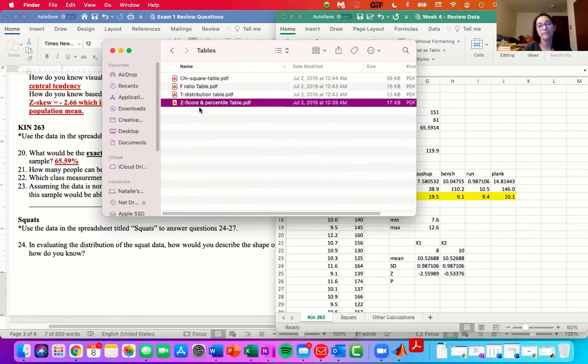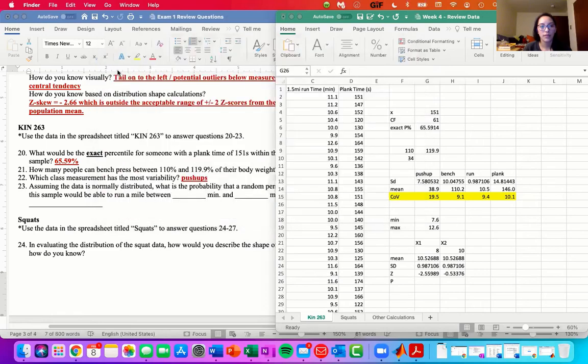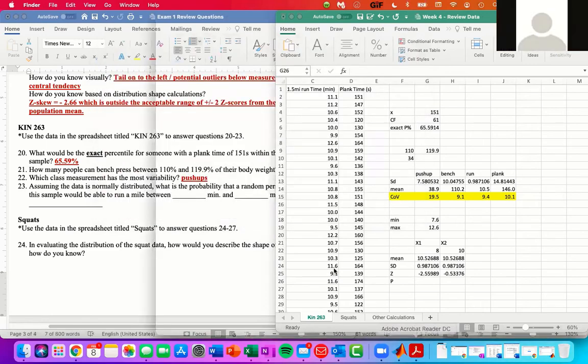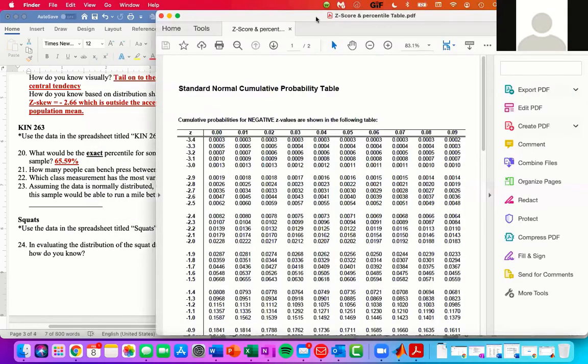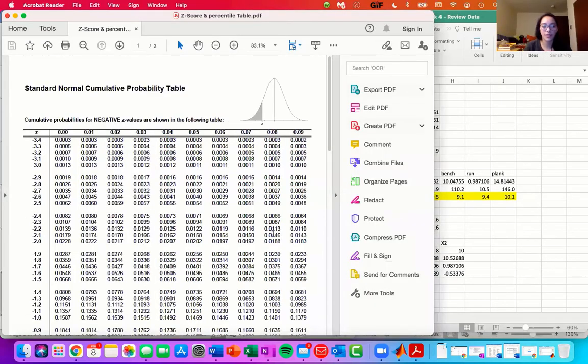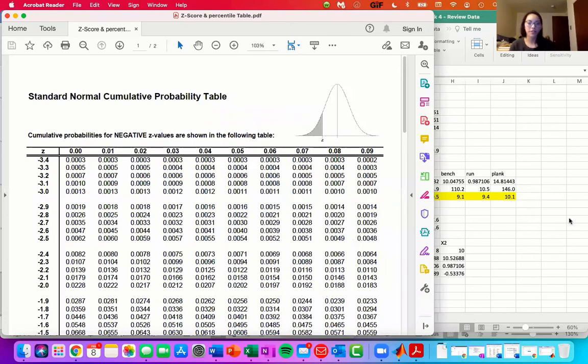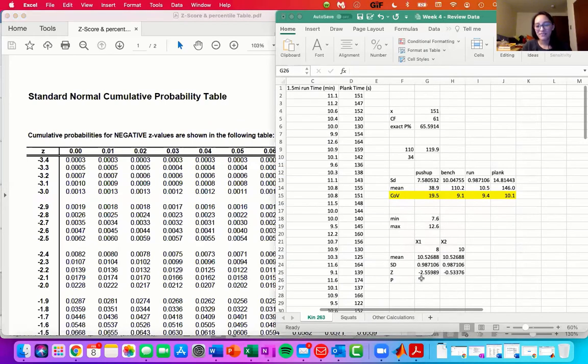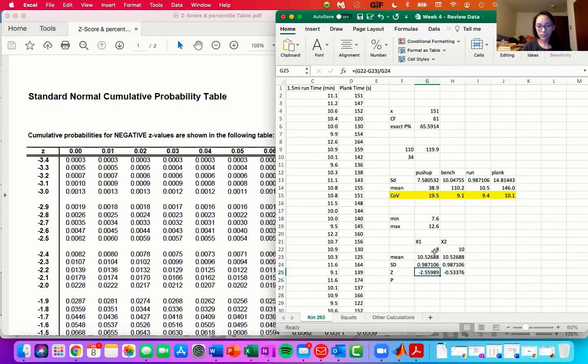You guys will have everything you need. And if you don't have it, I'm available for questions during the exam, so you can always ask and I will make sure you do get it if you don't have it. Okay, so let's look up the probability that we would have a value at 8.